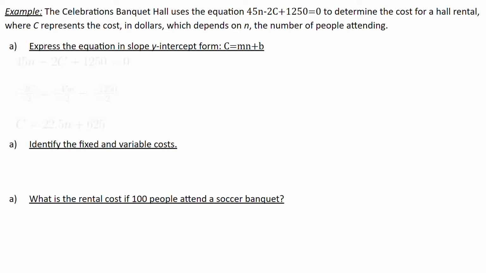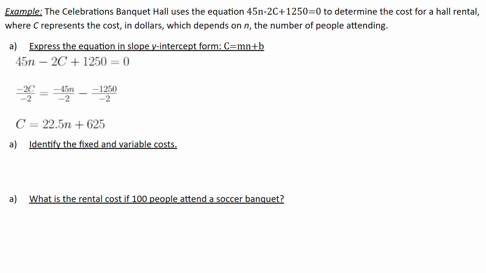So we begin, and we want to isolate for capital C, because that is what we would use as our y variable. We do this by bringing 45n and 1250 to the other side of the equation and then dividing by -2, and this gives us an equation of c equals 22.5n plus 625.